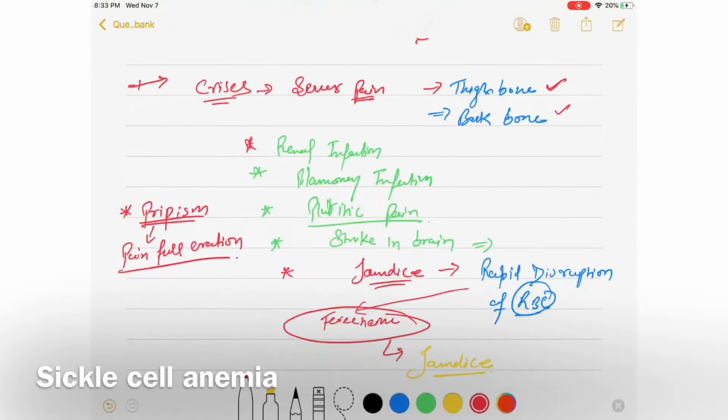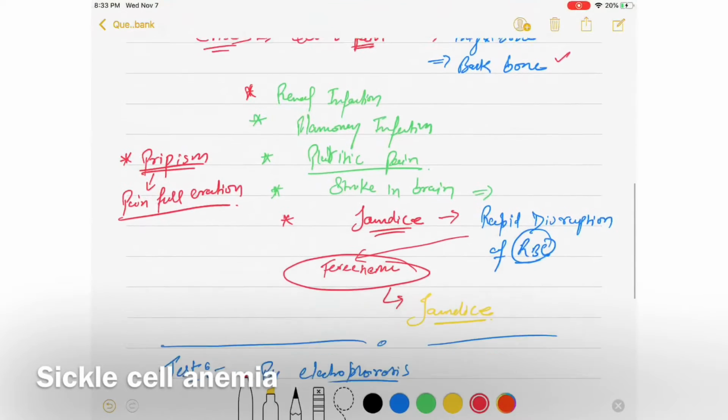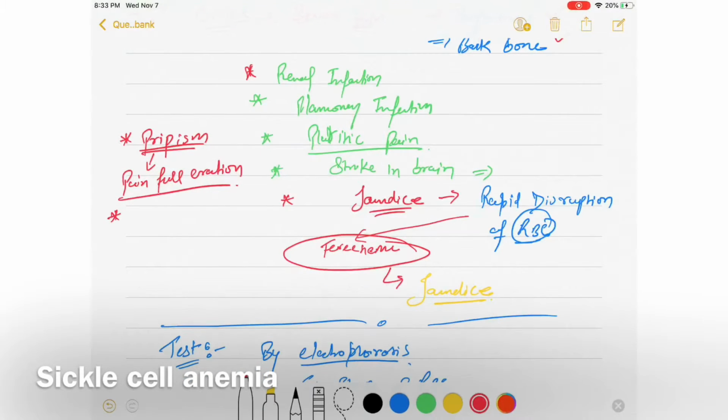Next is septic shock or bacterial infection, and aseptic vascular necrosis, which mainly occurs in the thighs. Always remember, encapsulated bacteria are the ones that cause infections in sickle cell anemia.